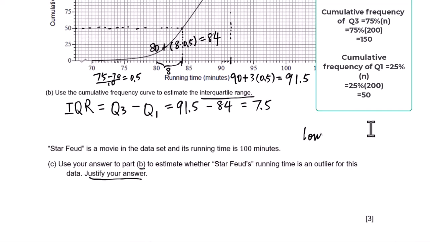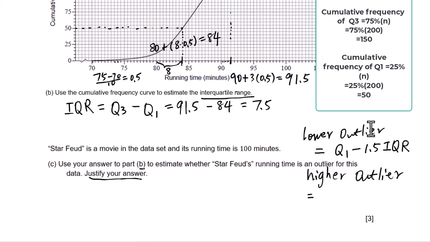We have a lower outlier: we will use the closest quartile minus 1.5 IQR. Higher outlier: the closest quartile is Q3, add 1.5 IQR.